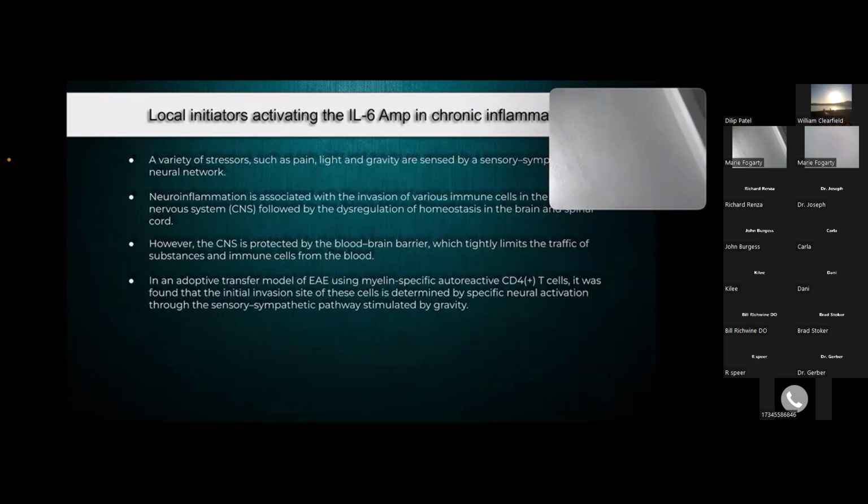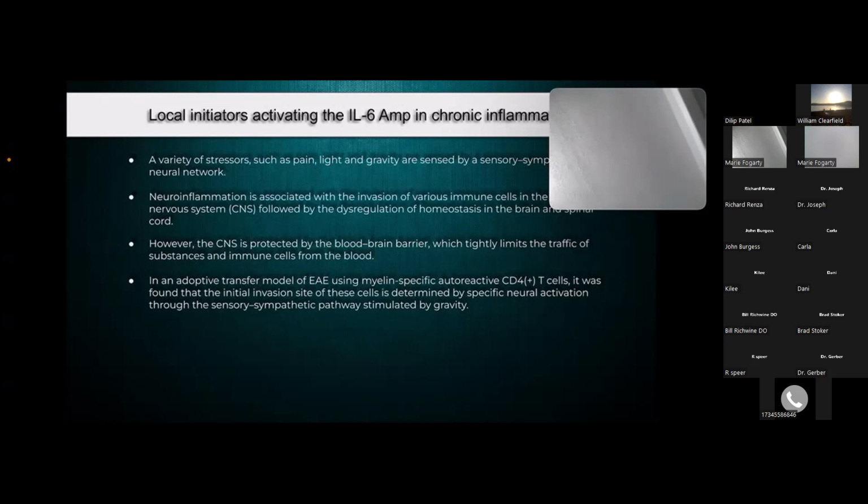In an adaptive transfer model of autoimmune encephalitis using myelin-specific autoreactive CD4 T cells, it was found that the initial invasion of these cells is determined by specific neural activation through the sensory sympathetic pathway stimulated by gravity.